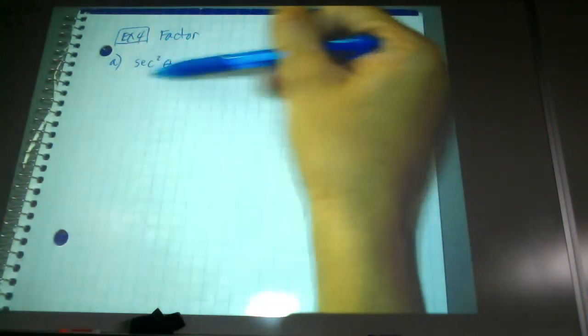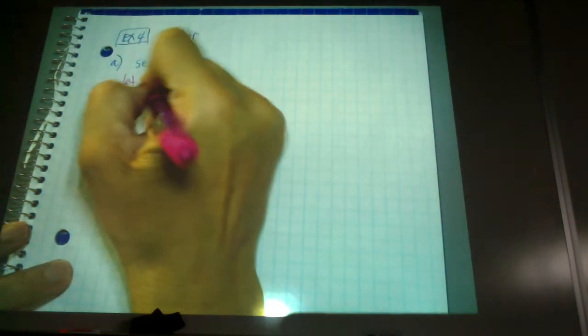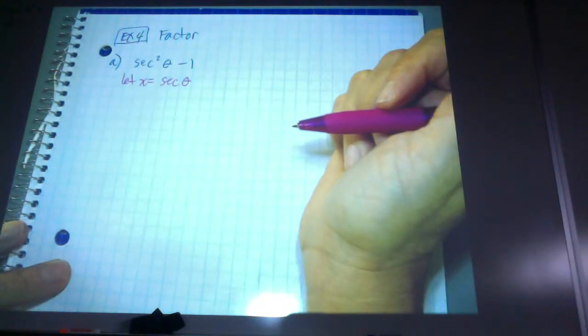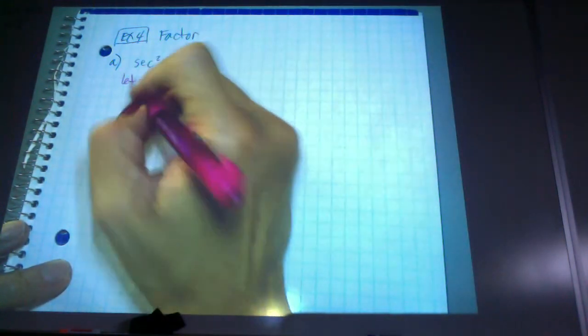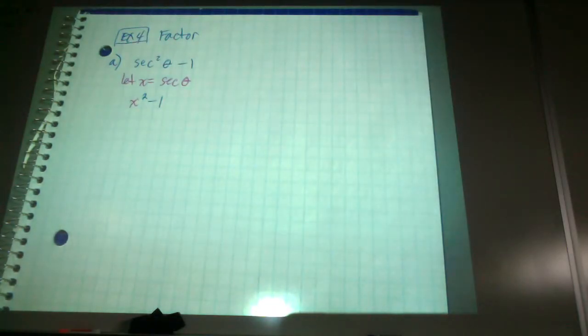If you don't like looking at secant squared, you can instead let x equal just plain secant of theta. And if I replace secant of theta with x, I'm really looking at x squared minus 1. How do I factor that? It's the difference of two squares.